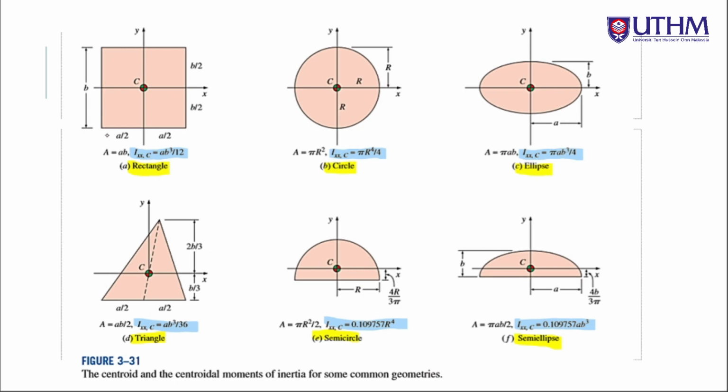Contoh yang macam tadi, tadi tu adalah rectangle, kita dapat AB kuasa 3 per 12. Okay, so circle kita ada pi r to the power of 4 divided by 4, and then for ellipse, triangle, semicircle and semi ellipse all have their own second moment of inertia value.